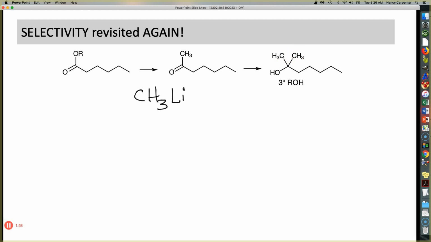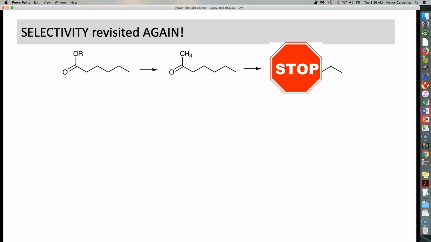And that is because as soon as the ketone forms, the ketone is more reactive than the ester, and so the second addition takes place much more rapidly. So, no selectivity with Grignards or organolithiums.